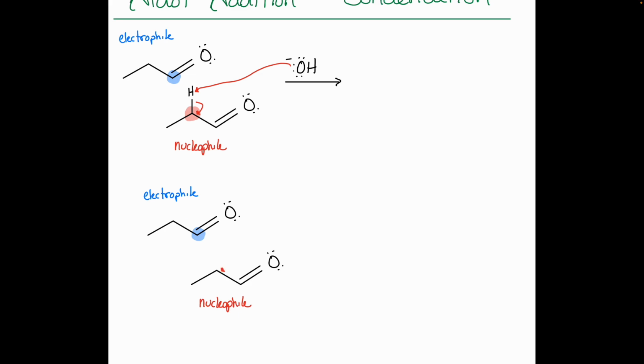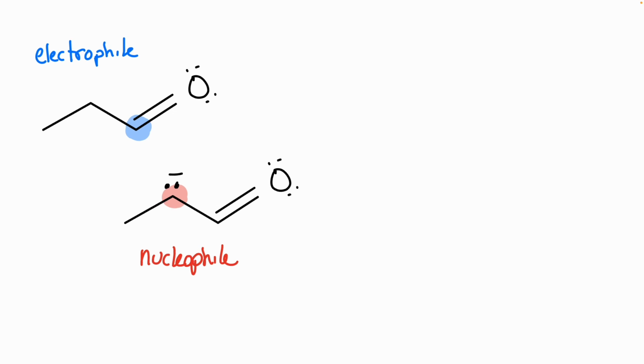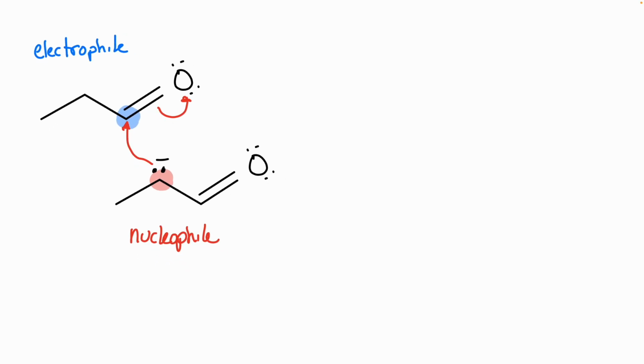Now I have a negative charge on that alpha carbon. Again, that's my nucleophilic site. One of these is going to be playing the role of the nucleophile, one the electrophile. After we create that enolate ion, that negative charge, that pair of electrons, is going to attack that electrophilic carbonyl carbon. That'll bump that pair of electrons up onto that oxygen.